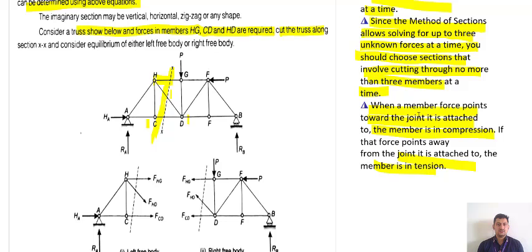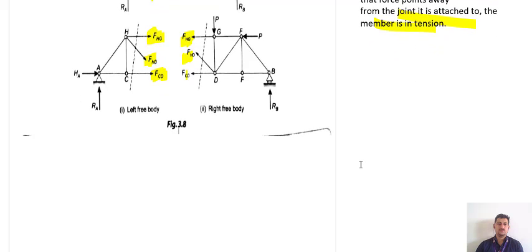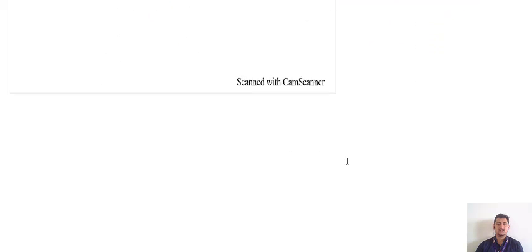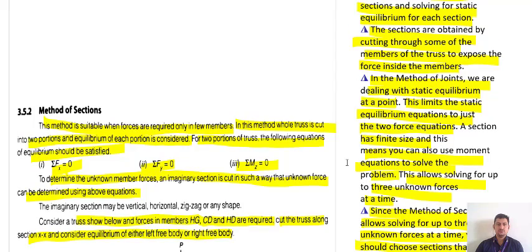You have to cut the truss along the section XX and consider the equilibrium of either the left hand side or the right hand side. This is the left hand side which shows forces FHG, FHD, FCD. Here also this is the right hand side. You can consider either part, the left hand part or the right hand part, and then consider the equilibrium equations. So this is all about the method of section.